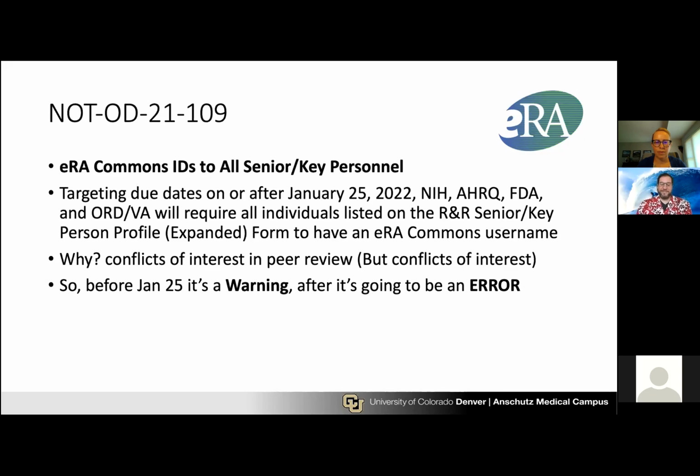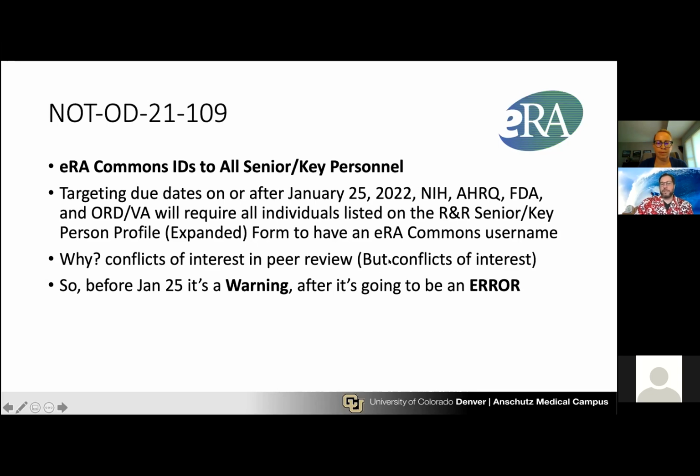I'll be interested to see if NIH sticks with that date, the 25th. I have a feeling they will, because there's a bunch of other things that are happening on that date. So I've got a feeling this one's going to hold. So why are they doing that? They're essentially doing that because this allows them to have a more discrete identifier to do conflict of interest and peer review.